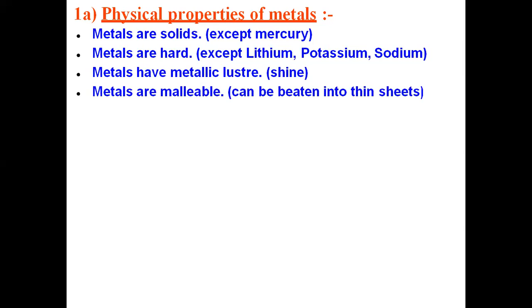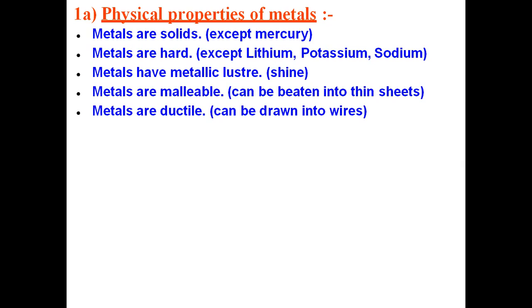The next property is that metals are malleable. You know that metals can be converted into thin sheets. That property of metal, we call it the malleable property of metal. The next is that metals are ductile also. Ductile means they can be drawn into wires.